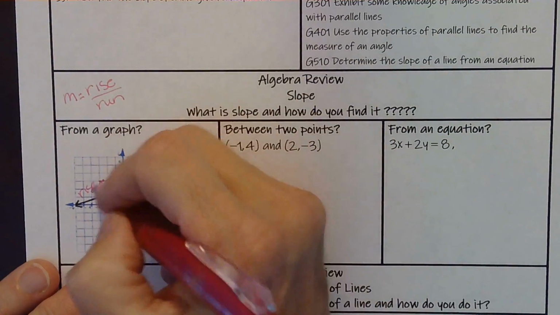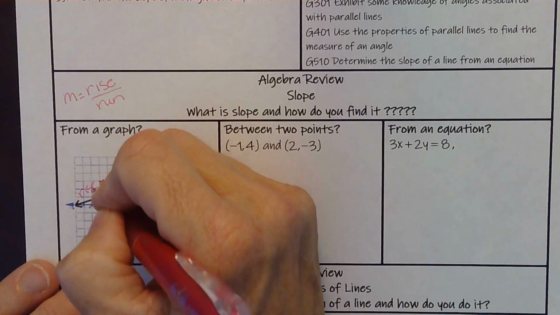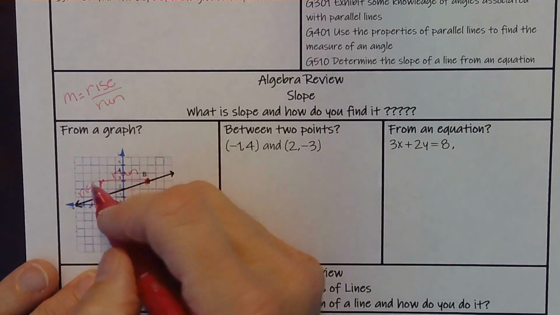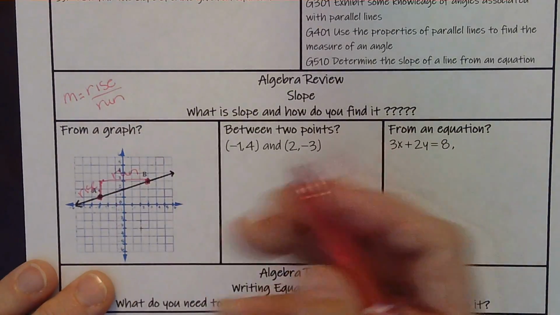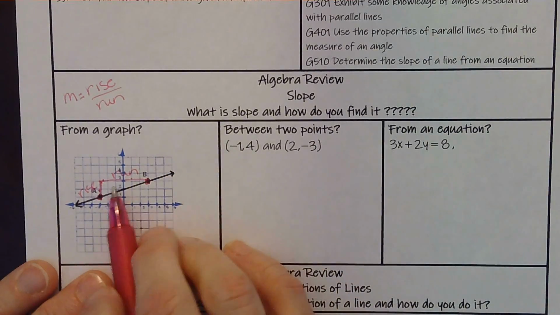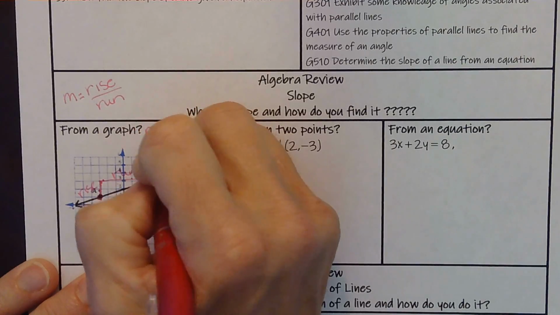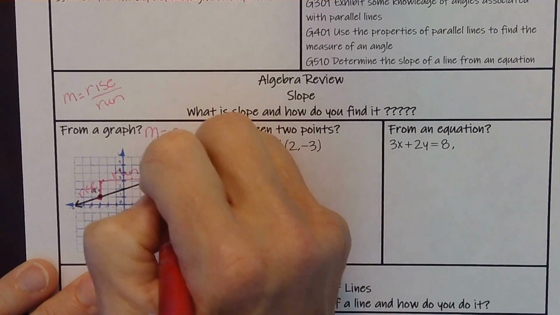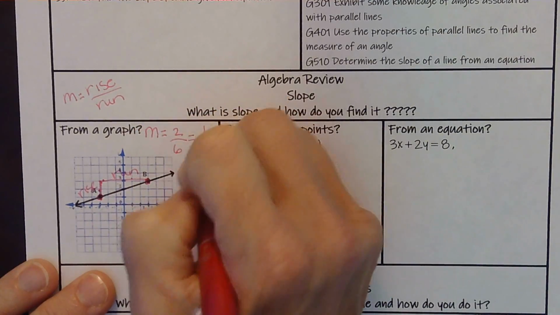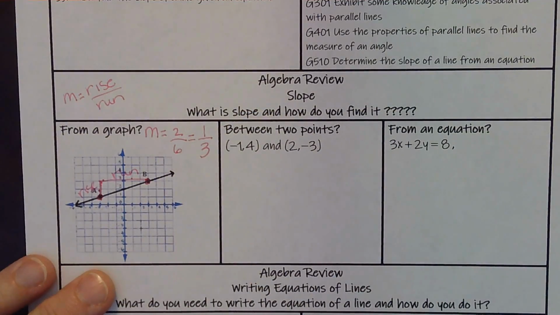So your rise over run for this graph, you're rising 2 and you're running 6. So the slope of this line is 2 over 6 or 1/3. So this slope reduces to 1/3.